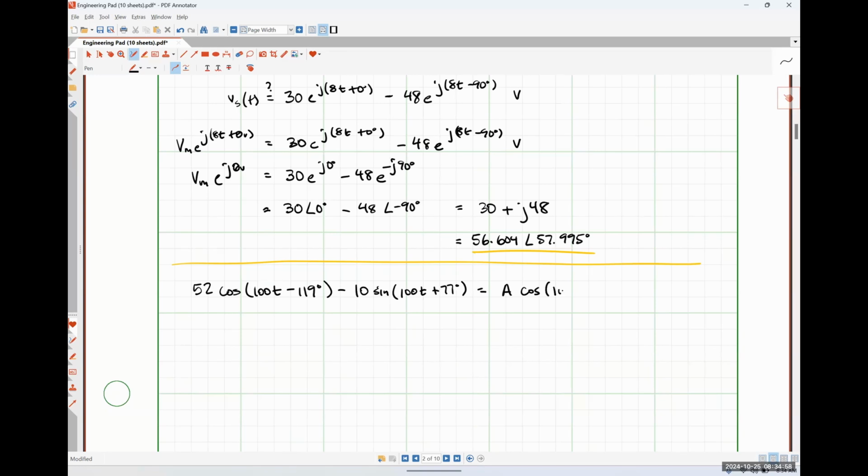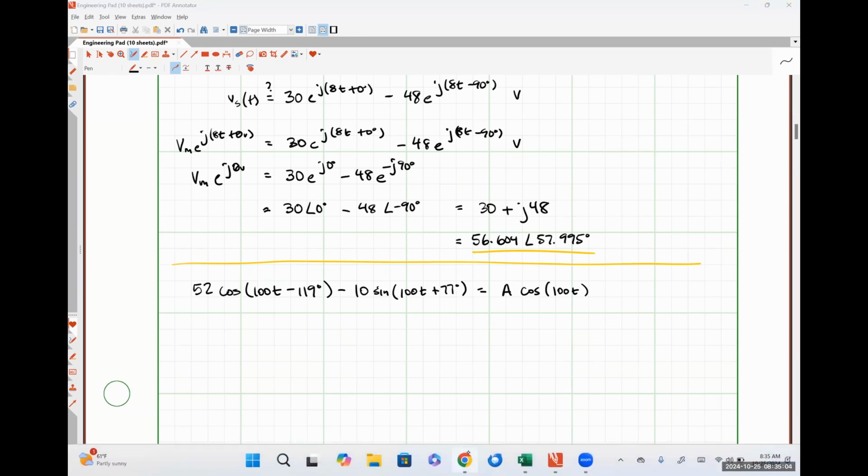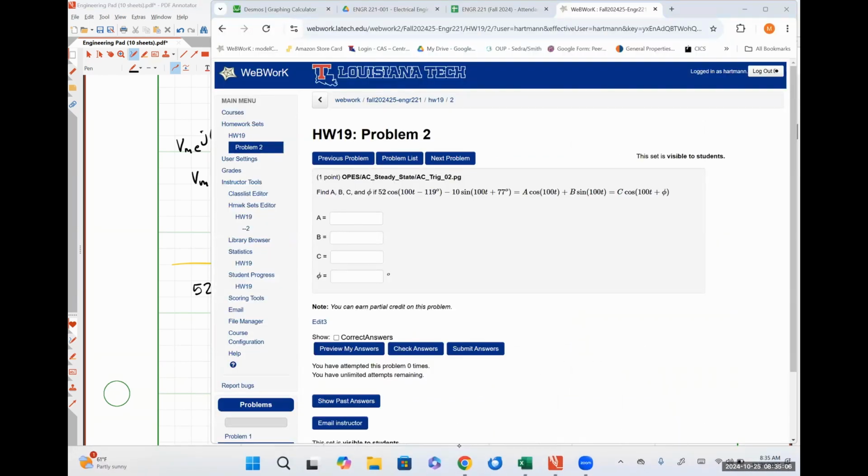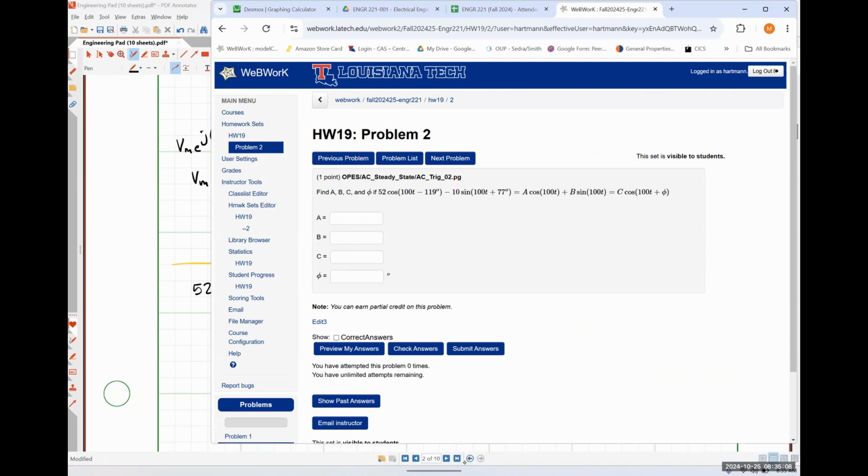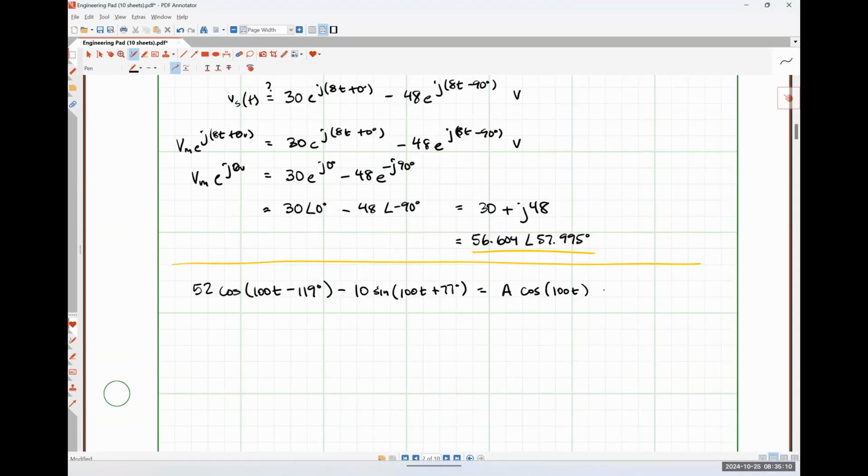cosine 100t, if I'm not mistaken, plus B, but let me double check there. Yep, plus B sine 100t. And also it's equal to C cosine(100t plus some phase angle phi).